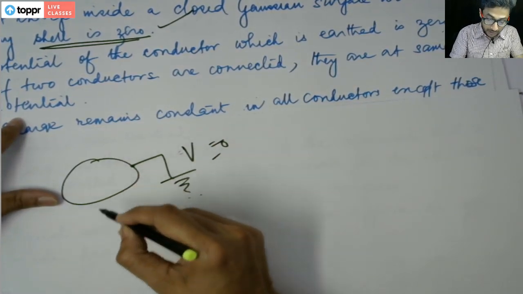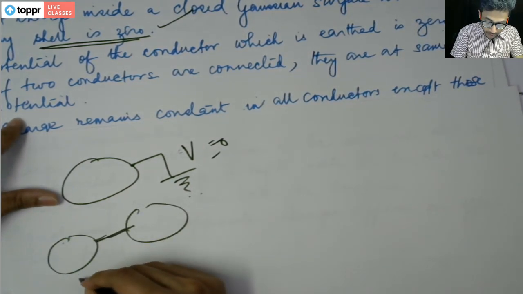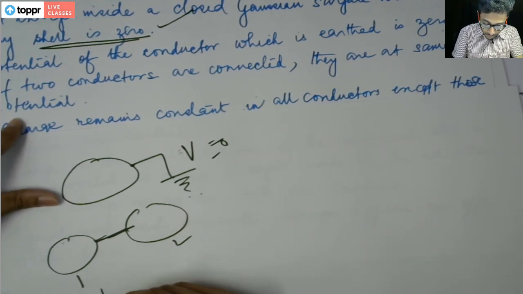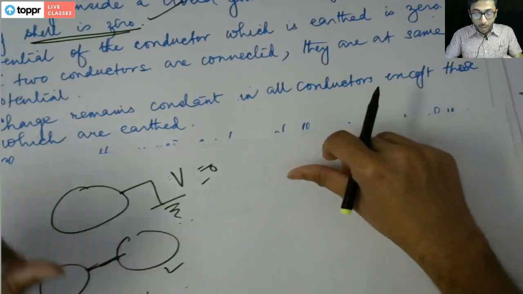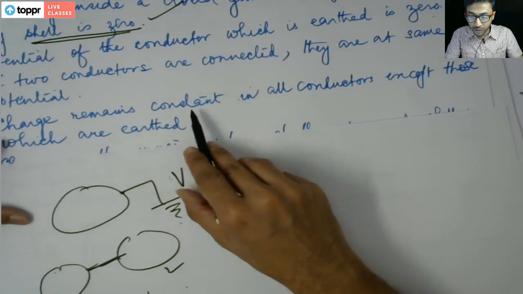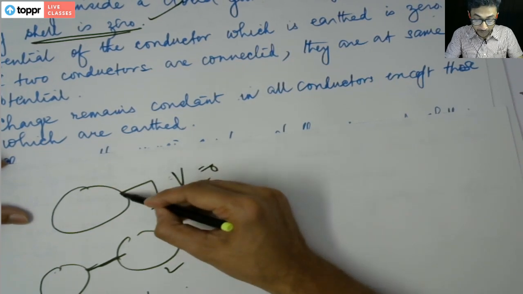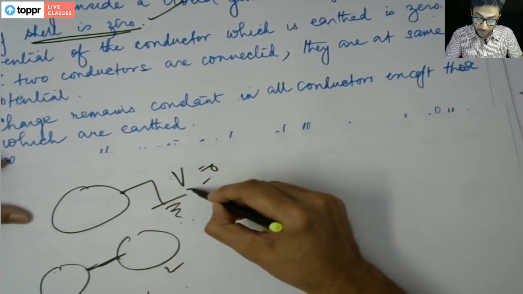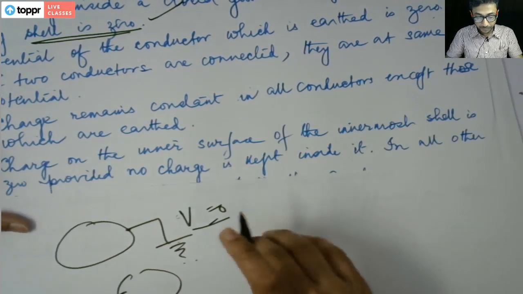If this is 1, this is 2, then V1 must be equal to V2. Charge remains constant in all conductors except those which are earthed. If it is earthed, then definitely the potential becomes 0, and then a charge redistribution occurs.